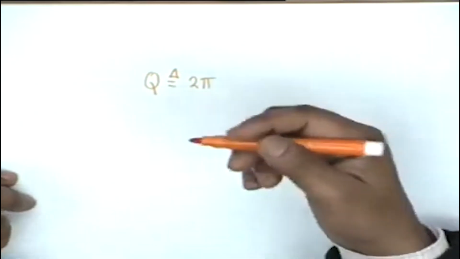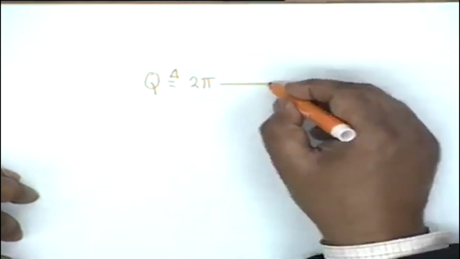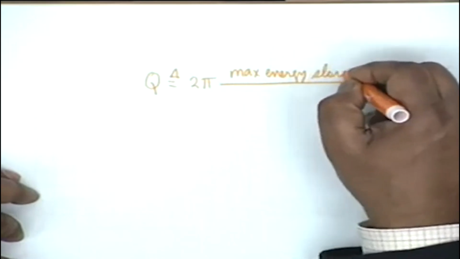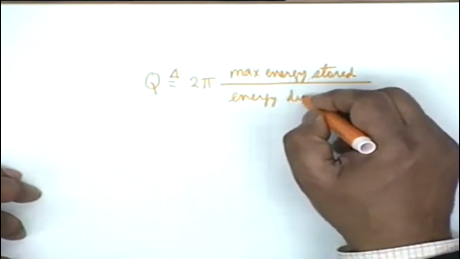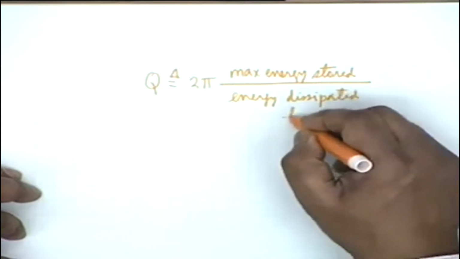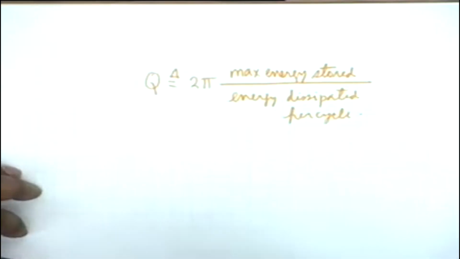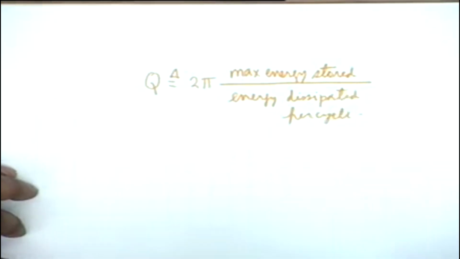The quality of any reactance or energy storage element, which is either an inductor or a capacitor, is defined as twice pi multiplied by the maximum energy stored divided by the energy dissipated per cycle, which means that Q, the quality, has something to do with the energy storage capability of the element vis-a-vis the energy that is dissipated in every cycle, all right, and it is this ratio which is considered as the universal definition of Q.